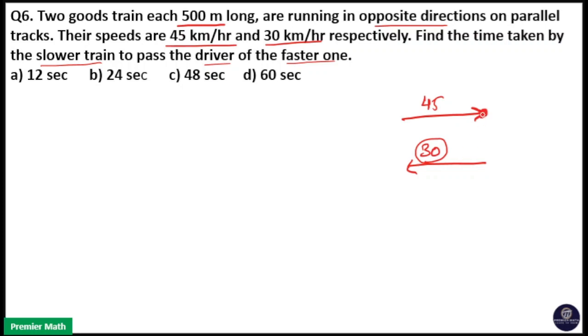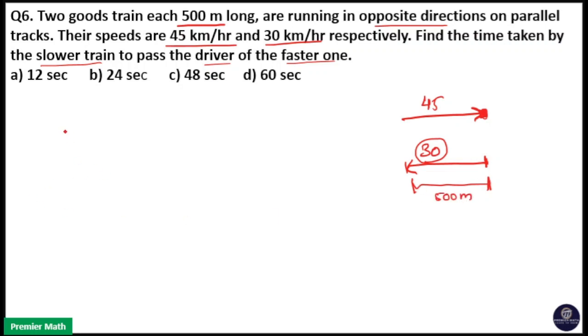When the slower train passes this driver, it is covering the distance of the slower train. That means the end of the slower train should pass this faster train driver, so the length covered will be the length of the slower train, that is 500 meters.